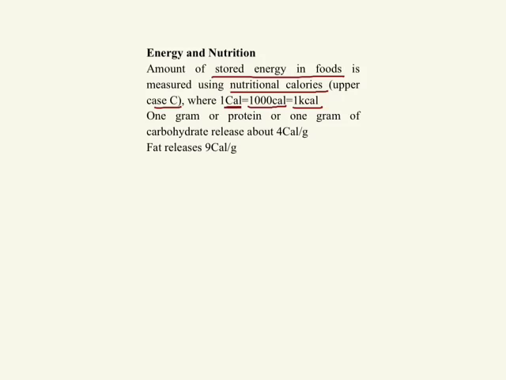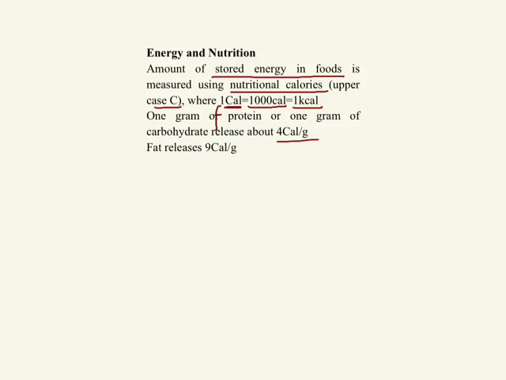Now 1 gram of protein, or 1 gram of carbohydrate, releases about 4 calories per gram of energy, and 1 gram of fat releases 9 calories of energy.